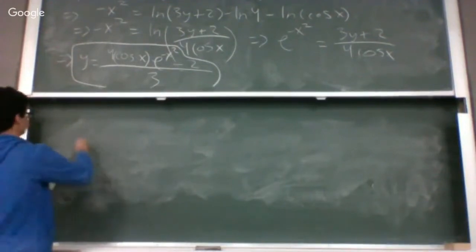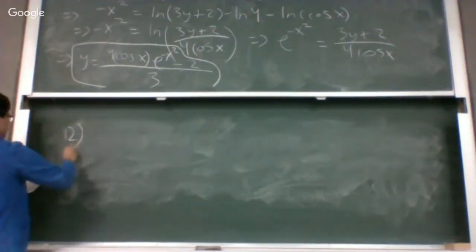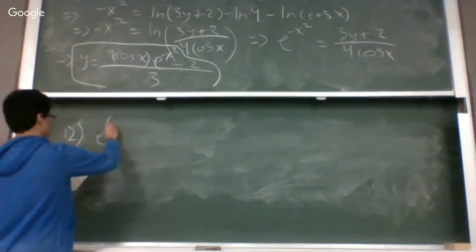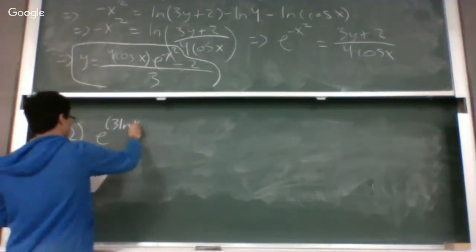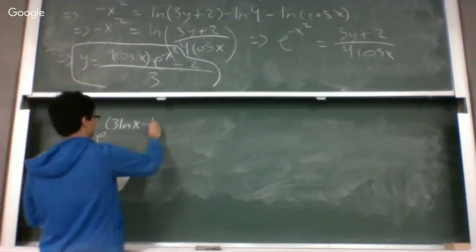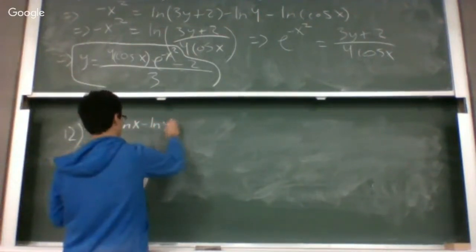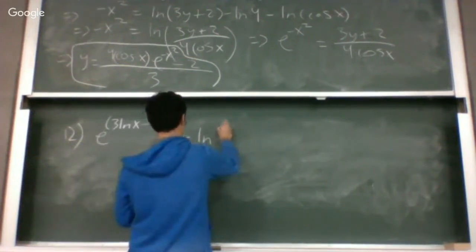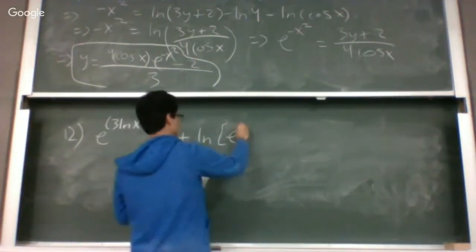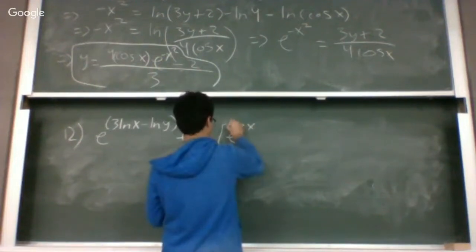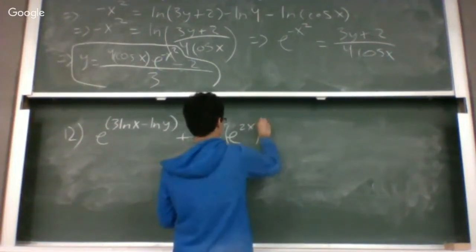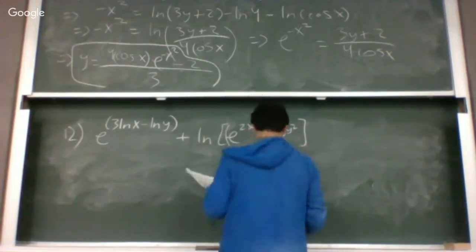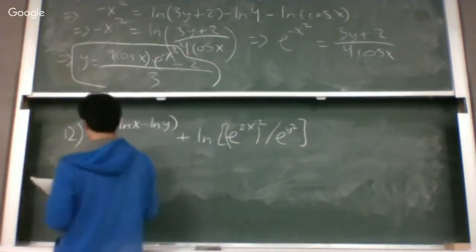So moving on to 12, we have e to 3 times the natural log of x minus natural log of y, plus the natural log of e to 2x, that whole thing squared, divided by e to y squared, and we have to simplify it.